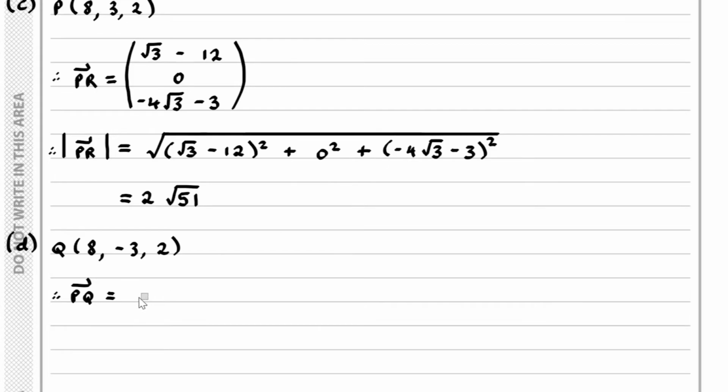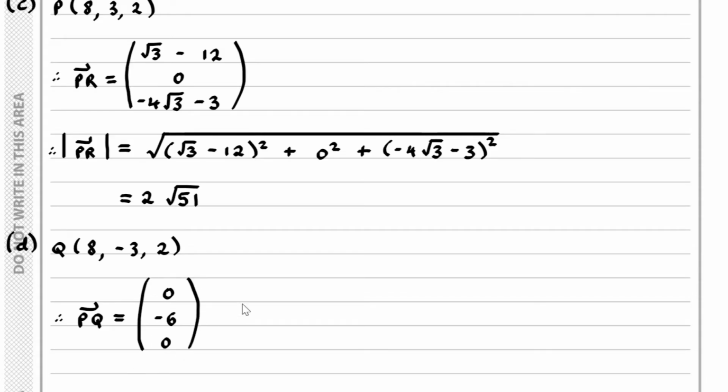Rather, let's write this as a column vector. So we've got PQ equaling 0, and then to go from 3 to minus 3, that's minus 6. And then from 2 to 2, that's 0.